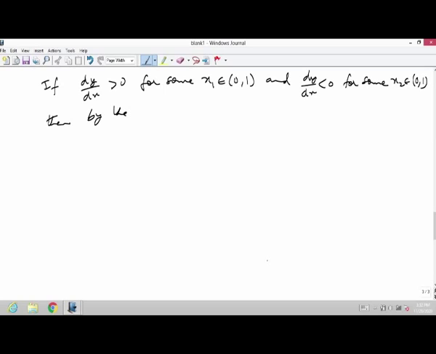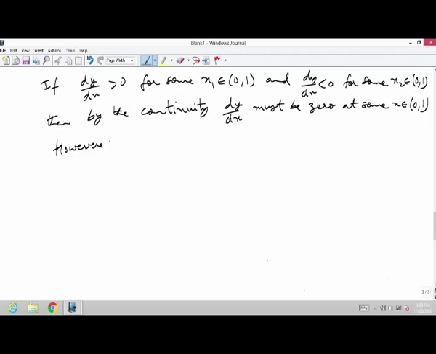by the continuity, dy/dx must be 0 at some x in (0, 1). However, dy/dx square we got is (1 minus x square) by x square.